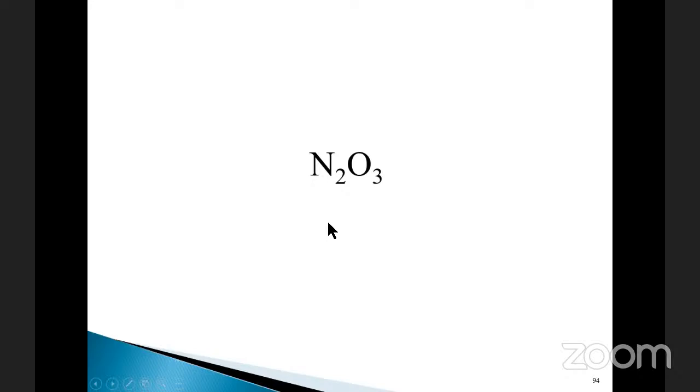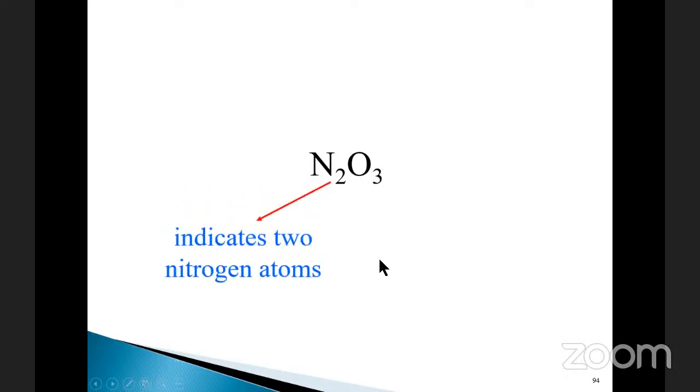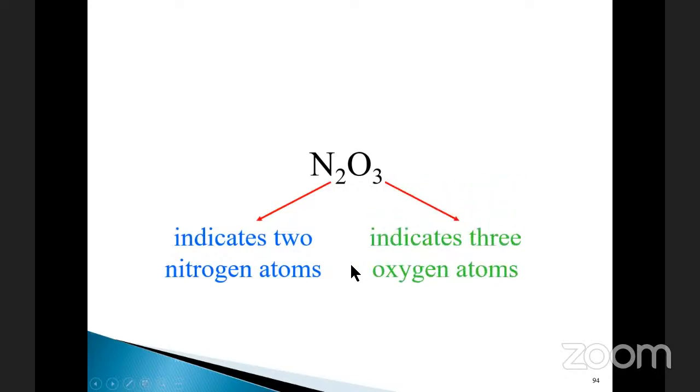Another thing you need to remember is that for the first element, we use the full name, but for the second element, it ends with IDE. So the name of this compound is dinitrogen trioxide.